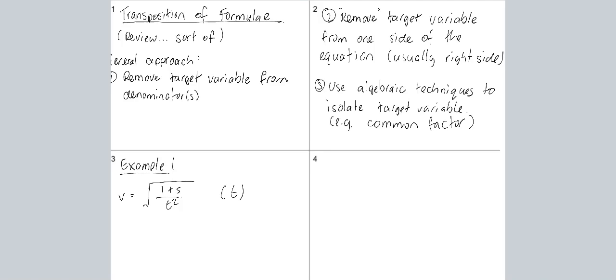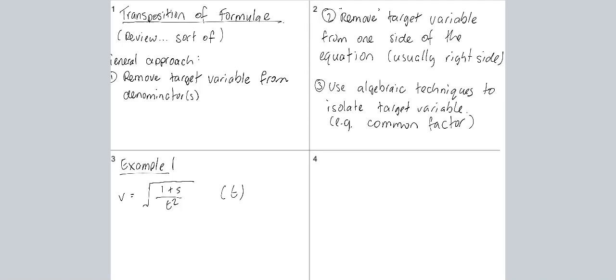Now, remove is in inverted commas there because we need to remember that when it comes to algebraic manipulation of an equation, the lazy thinking is that I take it from one side and put it on the other. And practically, that's what happens.